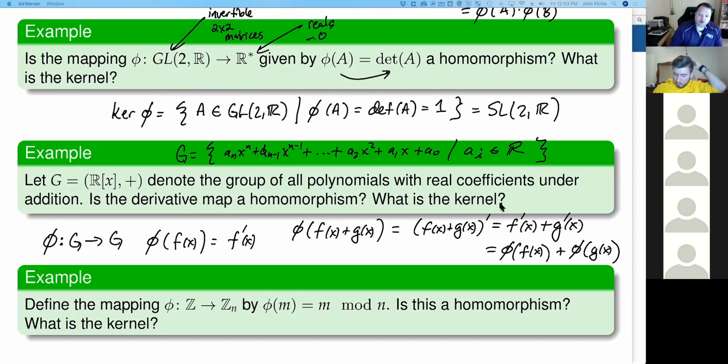Question here is, what is the kernel? Does anybody know what the kernel is? Kernel would be everything that gets mapped to whatever the identity is for this group. So what's the identity for this group? 0. And as Wyatt put in chat, what functions do we know mathematically have derivatives of 0?